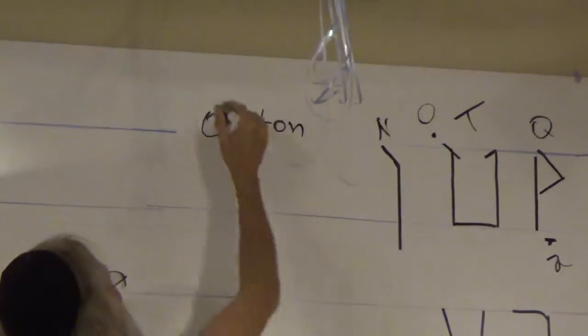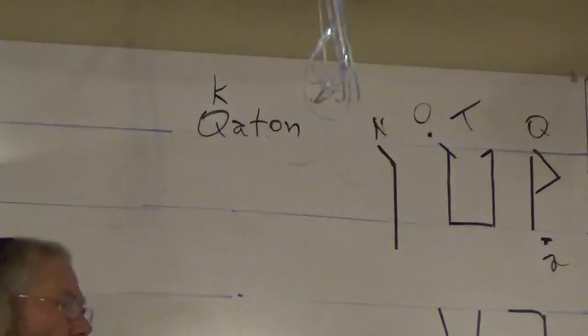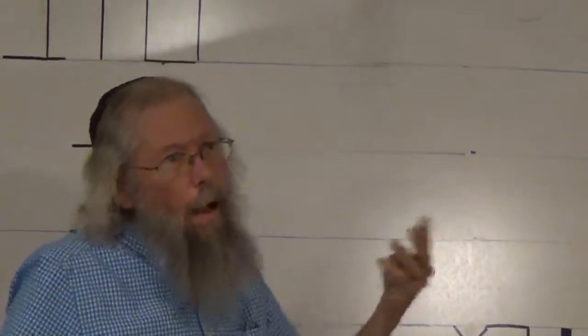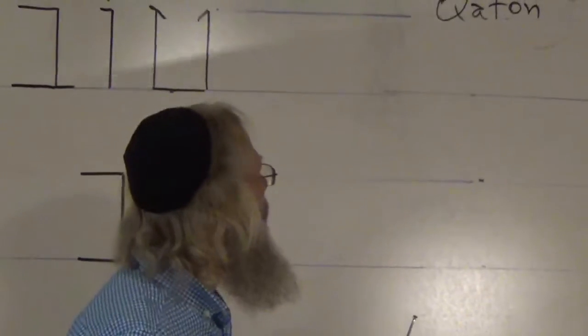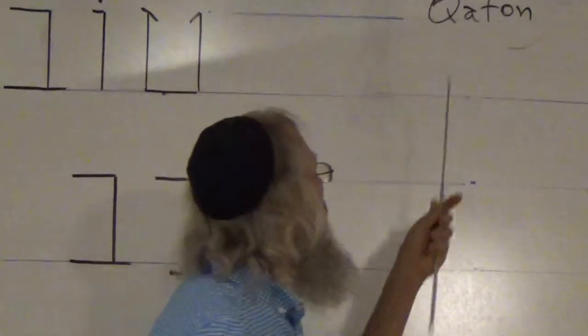Now you usually see it with this thing, but like I said, to make that distinction, we're using the key here. Back in the older times they would use the key, but today people mostly use the K. But katon, anybody know what katon is?